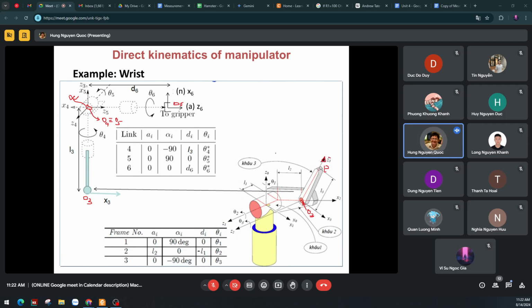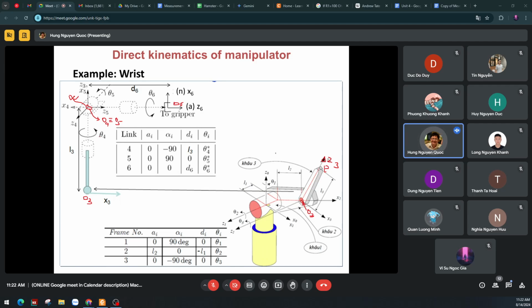Always Z pointing out here. Then you put the gripper here, and the rotation is about this one. Always Z pointing in this direction. And the angle of rotation about Z we call theta 4.